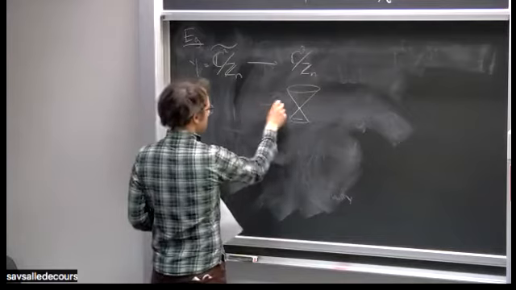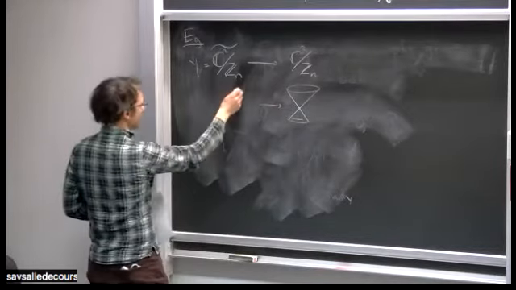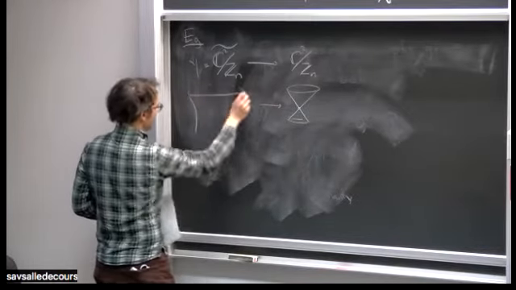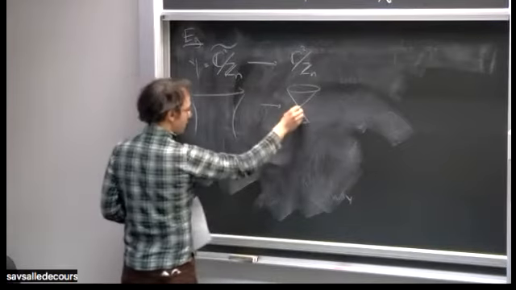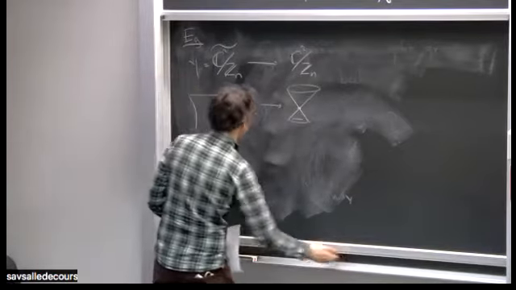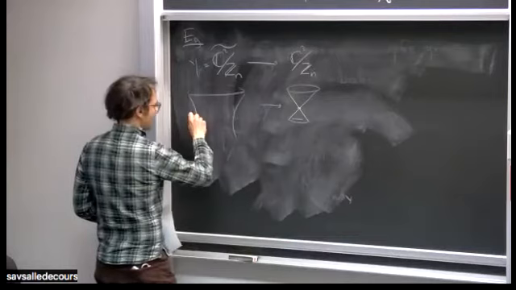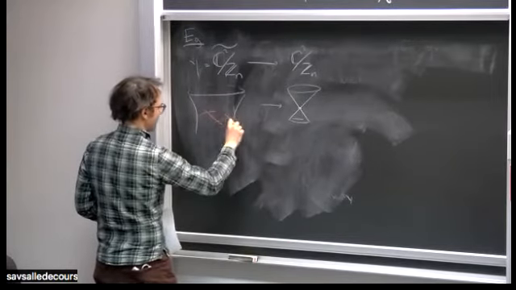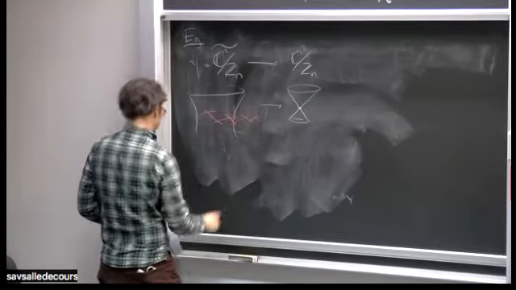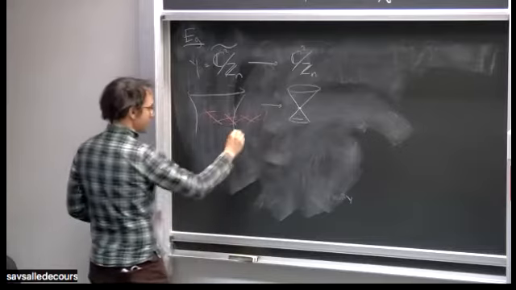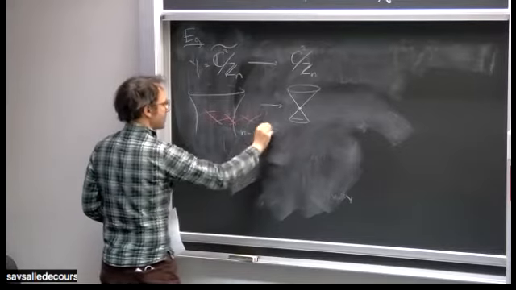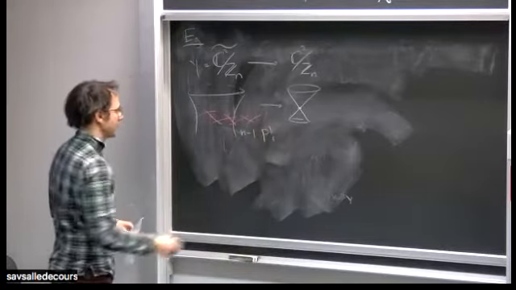But the resolution depends, interestingly, on n. So the resolution sort of looks like I've been drawing it. But over the singular point, instead of just having one P1, you actually have a chain of P1s. So maybe I'll just draw it. Rather than drawing it as a circle, I'll draw just some little lines. So you actually have n minus 1 P1s sitting over this singular point.